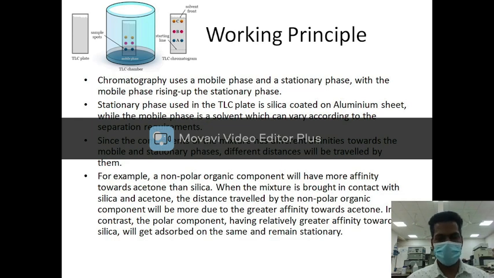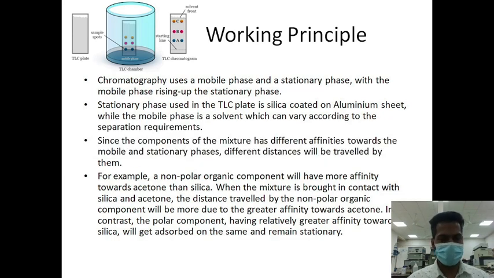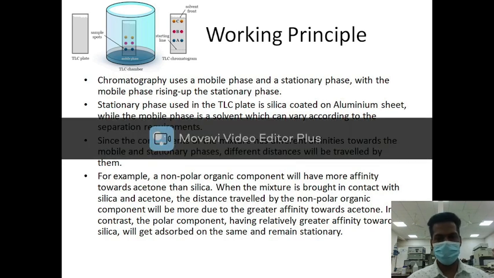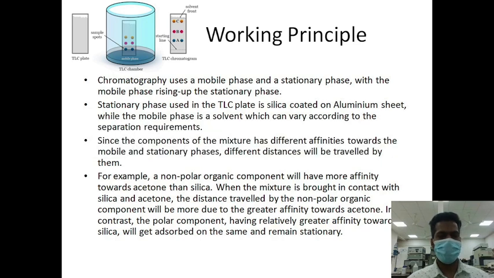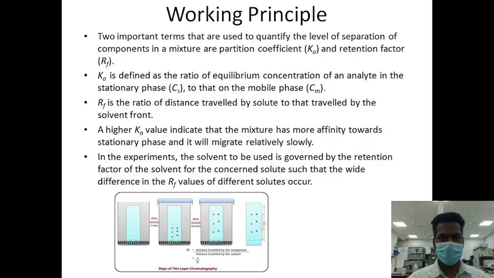So when a mixture is brought in contact with silica and acetone, the distance traveled by the non-polar organic component will be more due to greater affinity towards acetone. In contrast, the polar component having relatively greater affinity towards silica will get adsorbed on the silica plate and remain almost stationary.